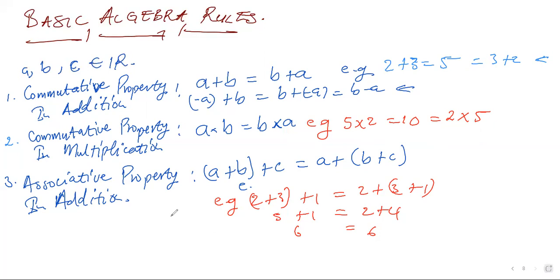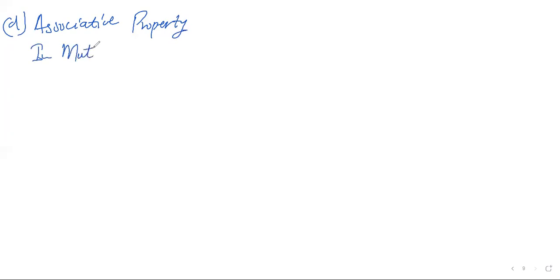And moving to the next one, we have the associative property under multiplication. I don't know if I was numbering with letters or with numbers, so this is number D. Associative property in multiplication.